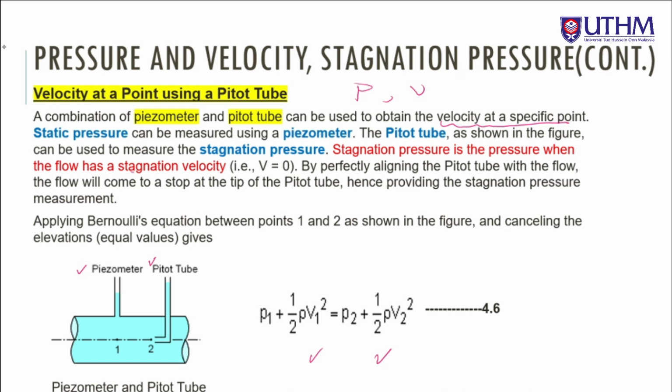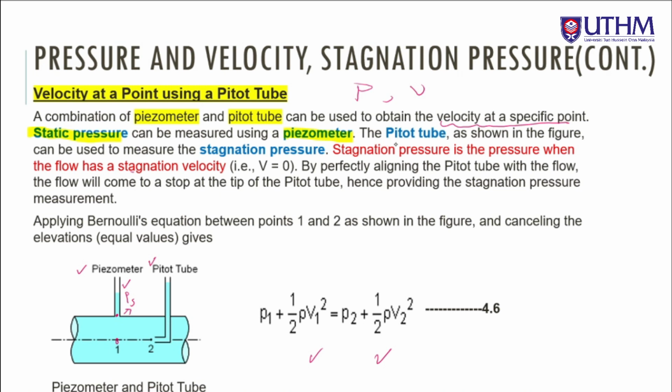Contohnya, kita akan dapat kira static pressure bila kita guna piezometer. Macam kita tahu, bila kita kata pasal static pressure ni adalah pressure due to benda tu yang tak boleh gerak. Contohnya kalau kat sini kan, piezometer ni digunakan untuk kira static pressure at point 1 ni. So maksud dia dekat sini dia akan dapat the value of static pressure.